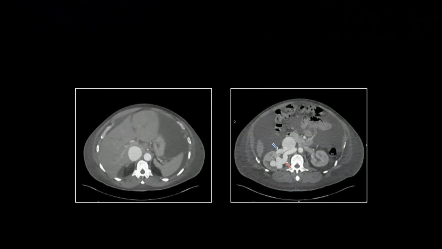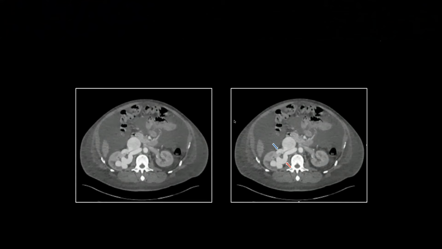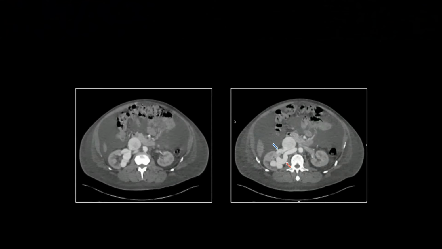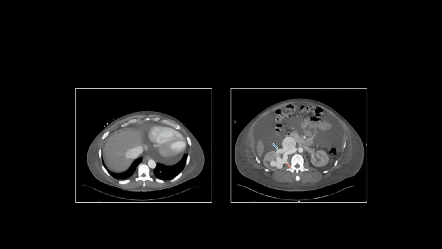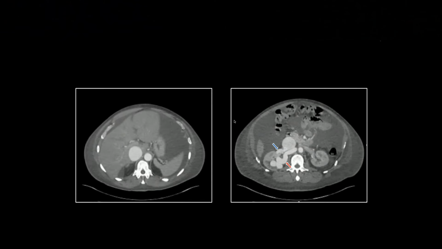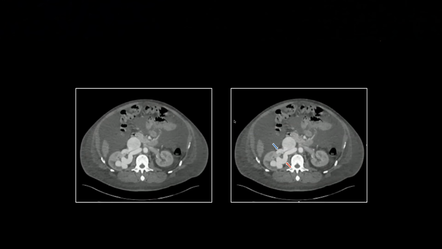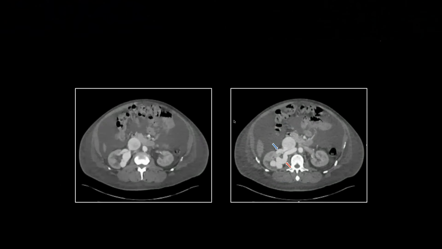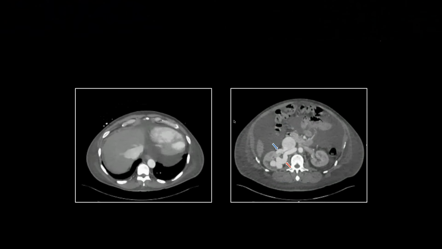Note also the hepatic venous retrograde opacification, which is pretty impressive. So that venous return is going up and down the IVC at pretty high pressure. You can see it extends below the level of the right renal vein right there. See, the contrast is going retrograde down the IVC.